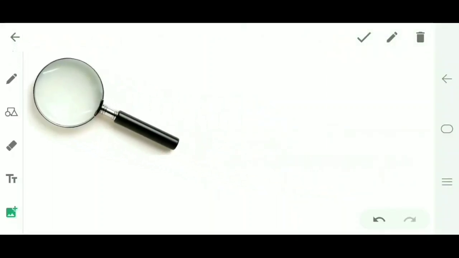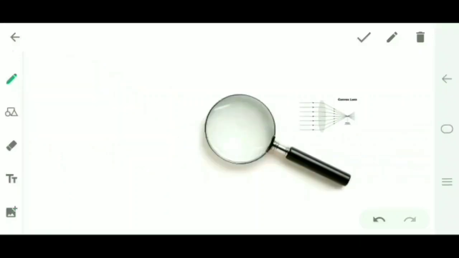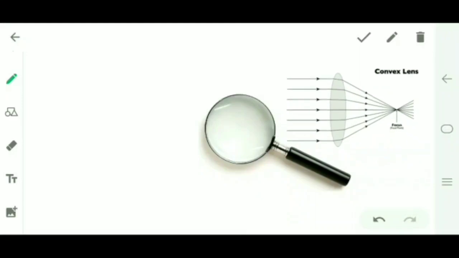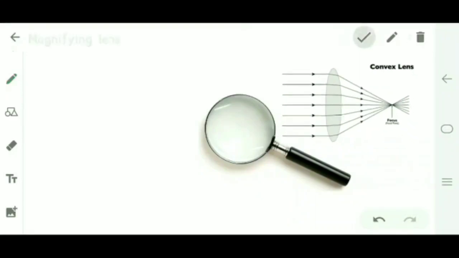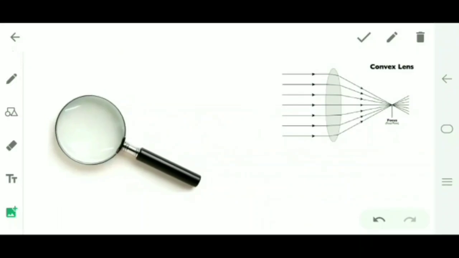Now we just make it aside and take another figure for it. Okay. Now you can see the convex lens here, the actual figure of it.